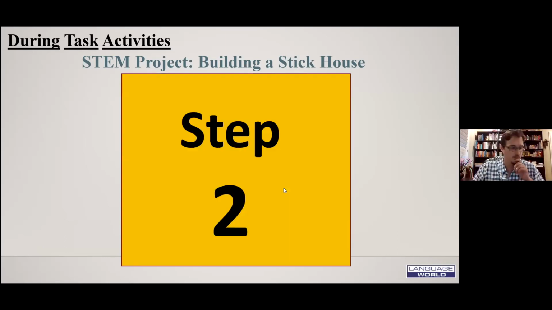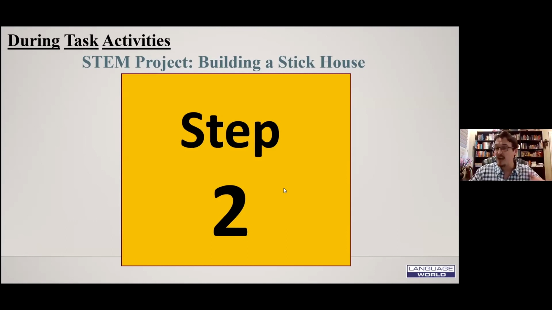Step 2. Join each corner with the marshmallow, or sometimes they use styrofoam balls. This project actually says styrofoam balls, but I say marshmallow. So again, join each corner with the marshmallow.